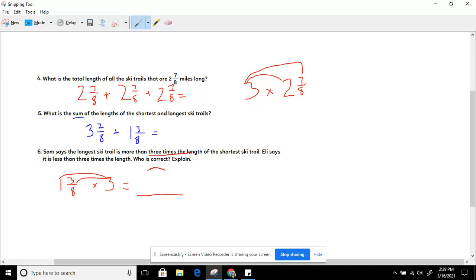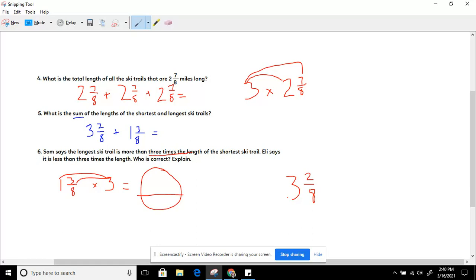Whatever you get as that answer, you need to see, is it bigger or smaller than the longest ski trail? And the longest ski trail we said was 3 2/8. So this answer, is it more than 3 2/8, or is it less than 3 2/8?